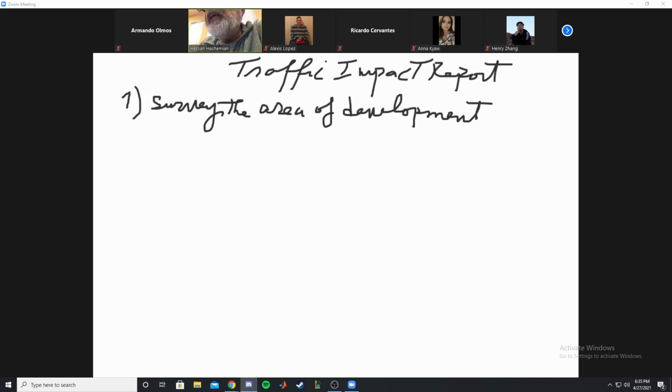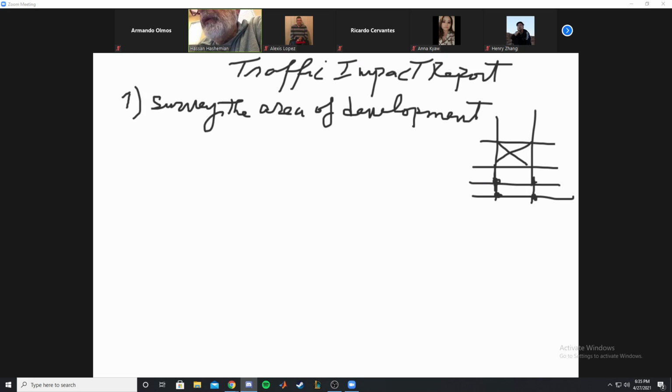So we have to see exactly in a map where the location of your development is, and look at all the surrounding area of the development. If there are intersections, we have to draw a map and show where your development is. And if there are bus lines or metro or bicycle paths, all of these have to be listed in a separate graph for each of them. So we do the survey of the area and we gather all those data.